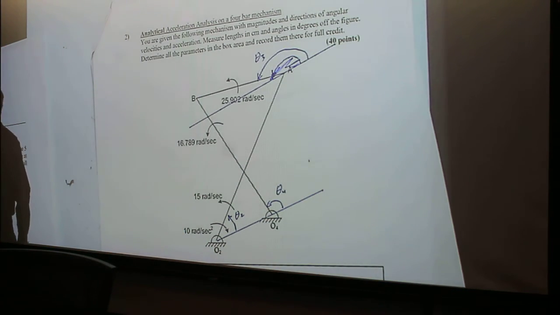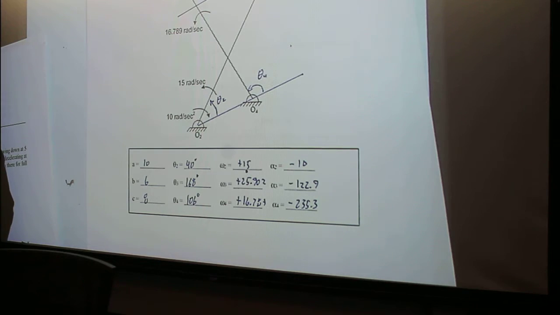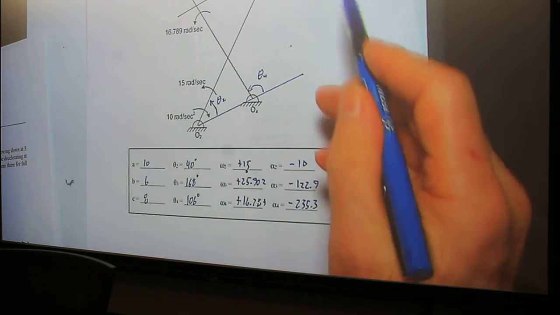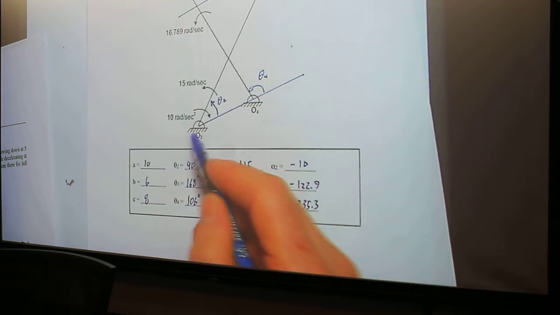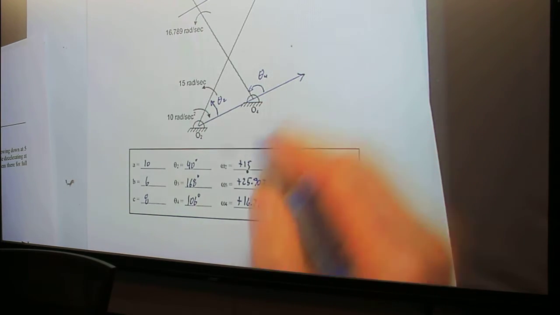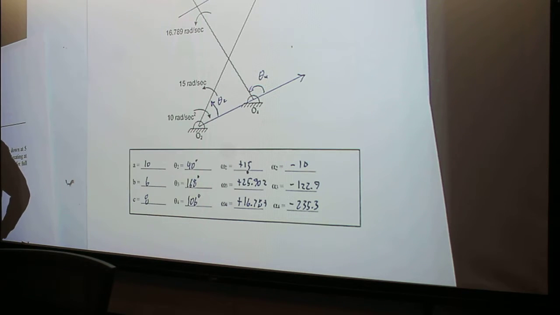Okay? That's the bottom box. So theta 3 on a 4-bar is always measured at A in the direction of the x-axis. The x-axis is defined from O2 to O4. Always. Okay?